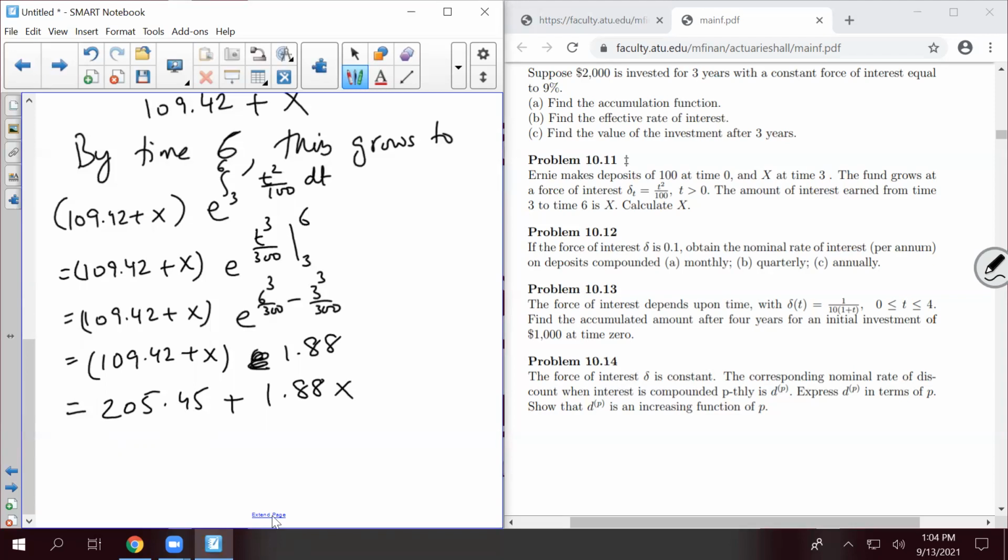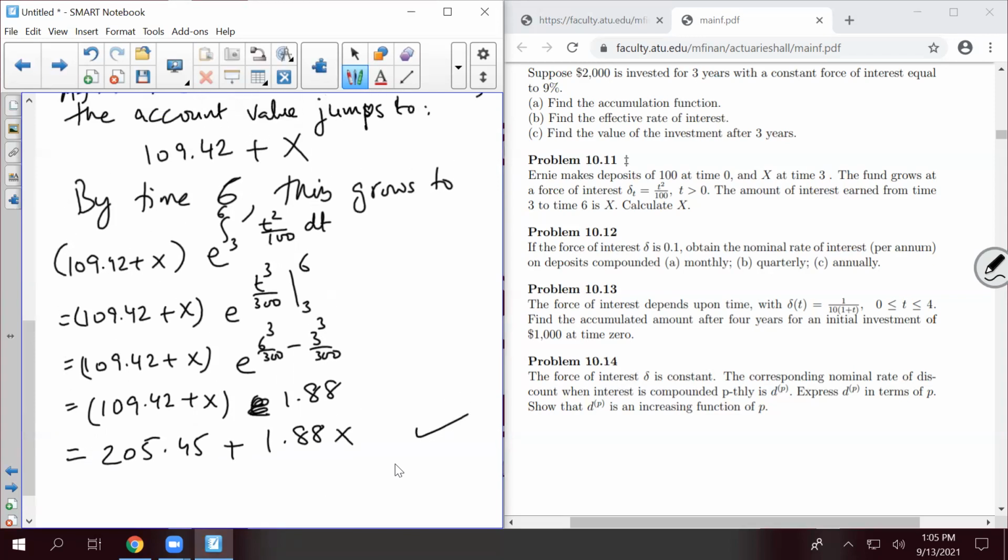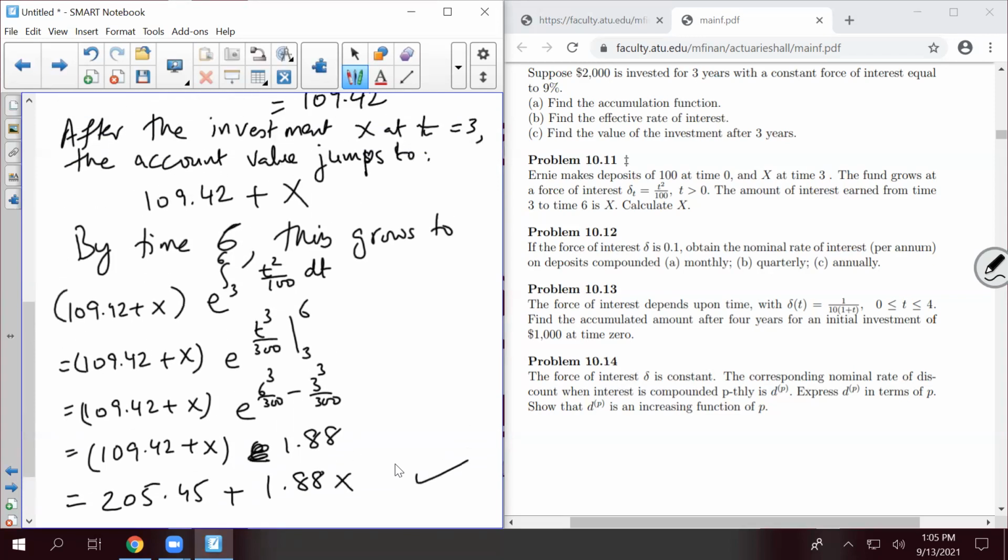So now I have both the amounts. I have the amount at time 6, which is this one. And I started from which amount at time 3? This one. And so the interest from 3 to 6 will be the difference of these two, right?